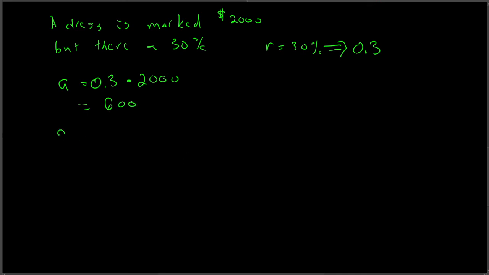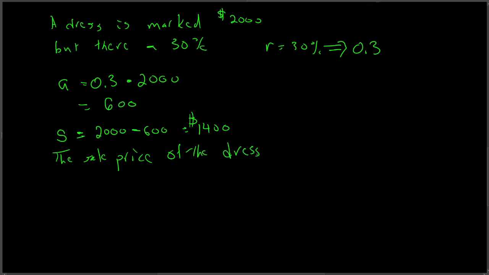So the cost of the sale, or how much I have to pay at the register, is the original price minus the discount, or $1,400. So the sale price of the dress is $1,400.